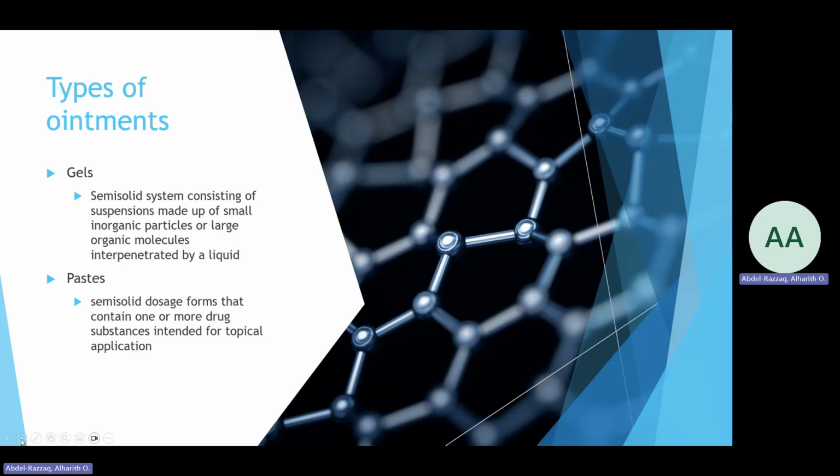When we talk about the other type, which is our pastes, these are semi-solid dosage forms that contain one or more drug substances, intended for topical application. Pastes are highly viscous, and they have protective properties to the tissue they're applied to. Generally, an ointment with greater than 20% weight over weight powder added to that base is going to be the definition of a paste.